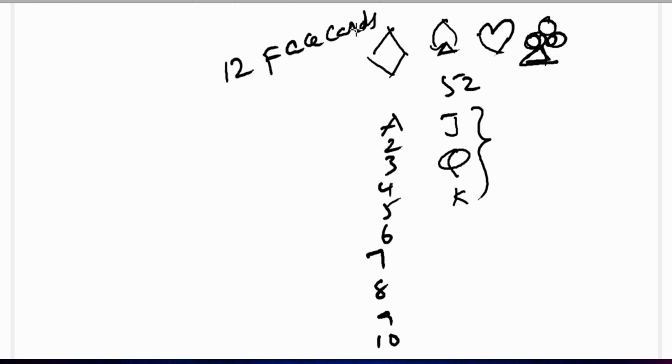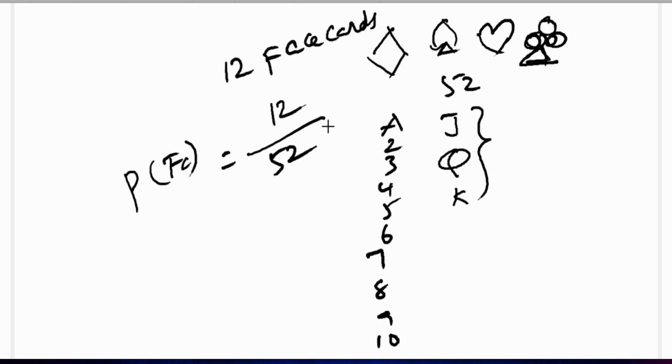If the question is asked in the examination, when you select one card randomly, what is the probability of getting a face card? The favorable outcomes is 12, correct? And the total outcomes is 52 because there are 52 cards.